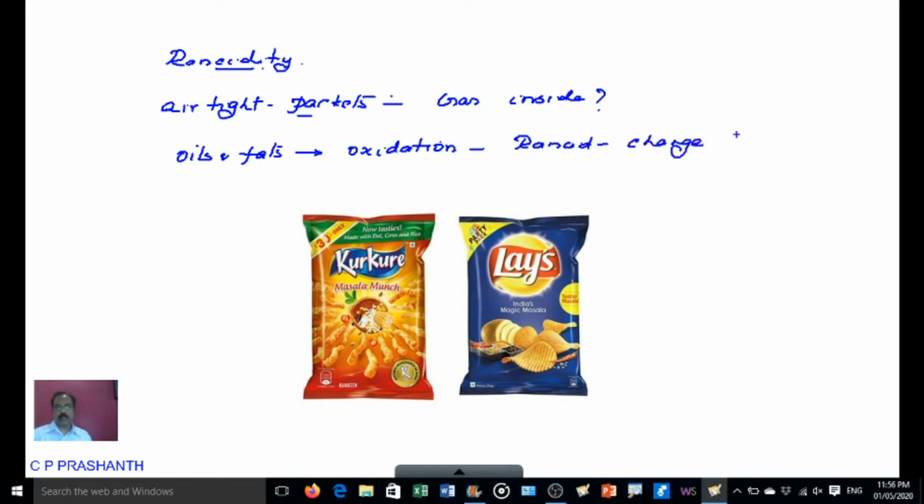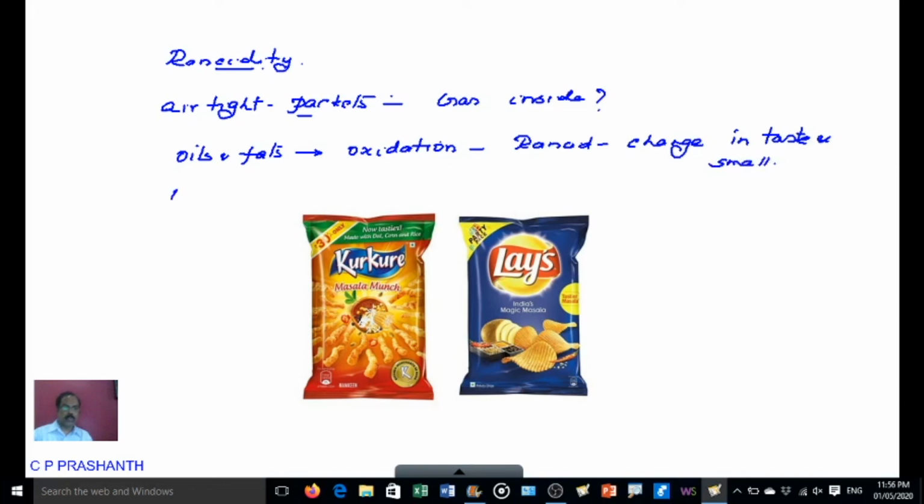These eatables contain oils and fats, and these oils and fats can undergo oxidation. And once they're oxidized, they become rancid. Rancid means the taste changes as well as smell changes.